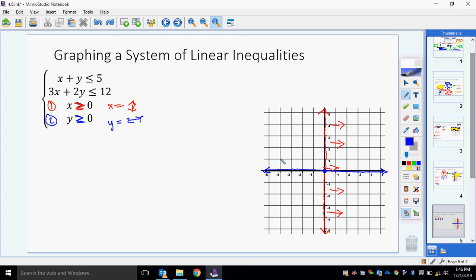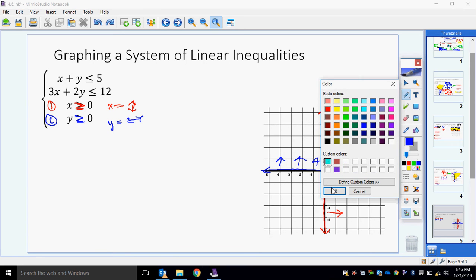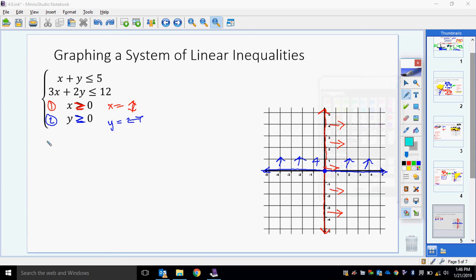So I'm going to be shading above this blue line. And so just know that we're already talking about this region up here. It's satisfying both of these 2 lines. Now we're going to incorporate 2 other lines to add into the mix.